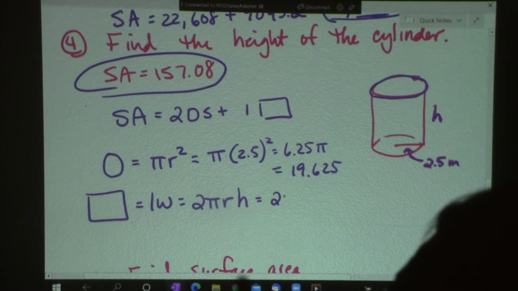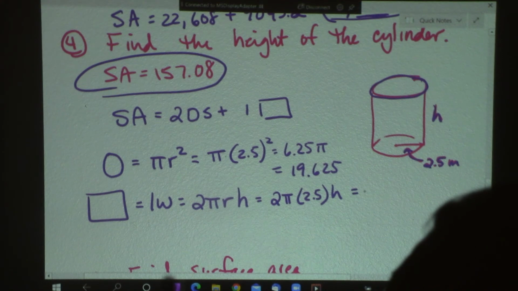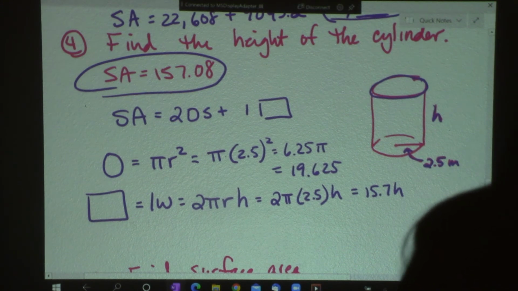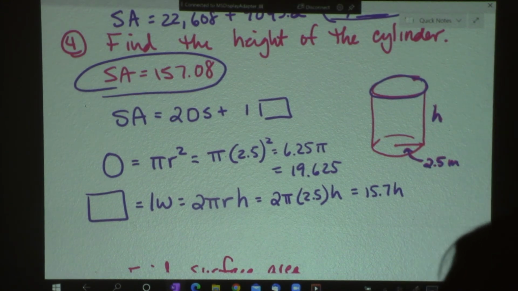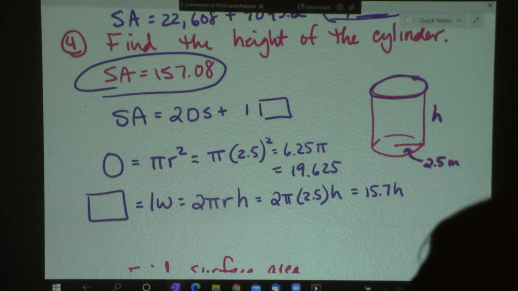I've got 2 pi, and then the radius, which is 2.5, times the height. All right, now 2 times 3.14 times 2.5 works out to be 15.7 times the height. Do we know the height? No, we don't. That's actually what we're trying to solve for.